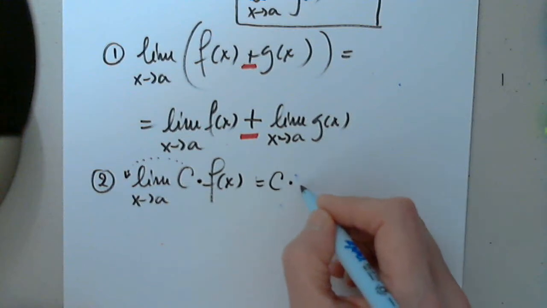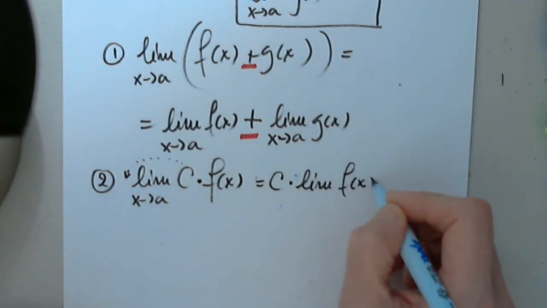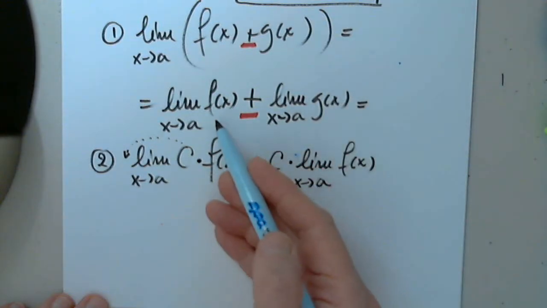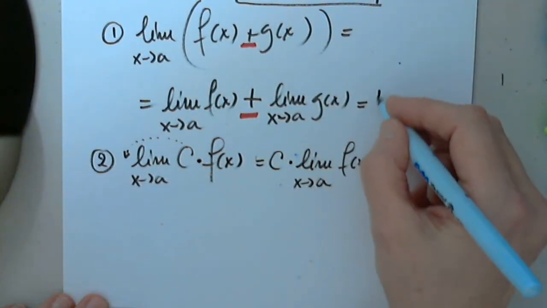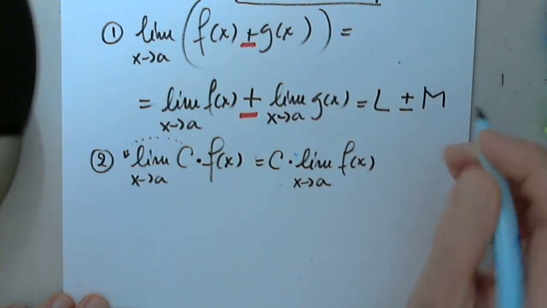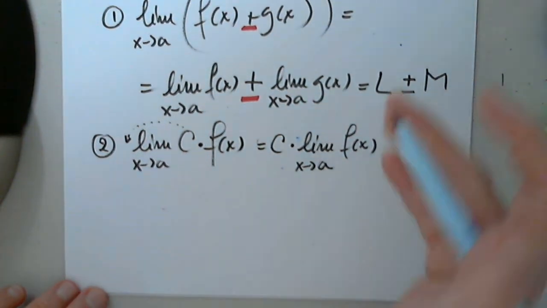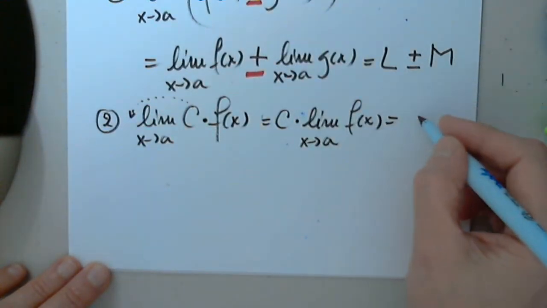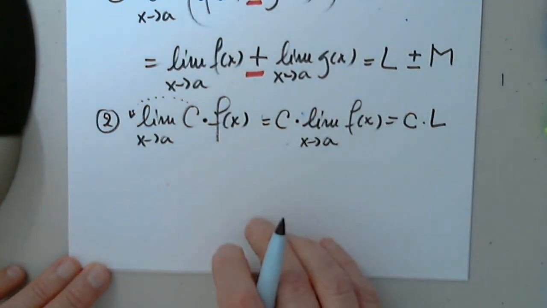So the constant times the limit of f of x as x approaches a. Oh, I forgot to write here, of course, if this is L and this is M, then we have L plus or minus M. This is less important. The idea is that they exist. Of course, here it will be C times L.